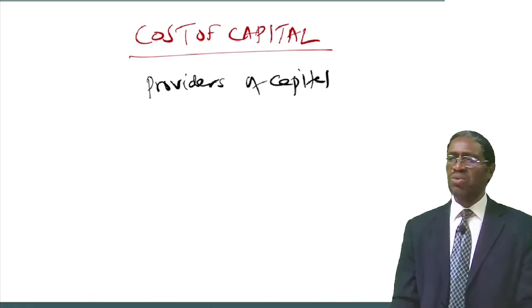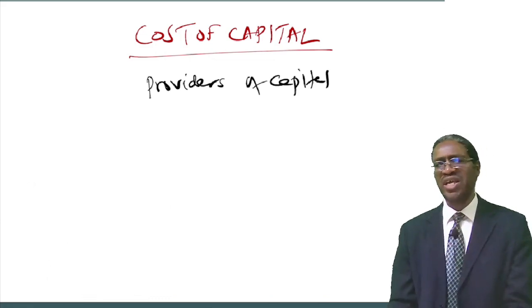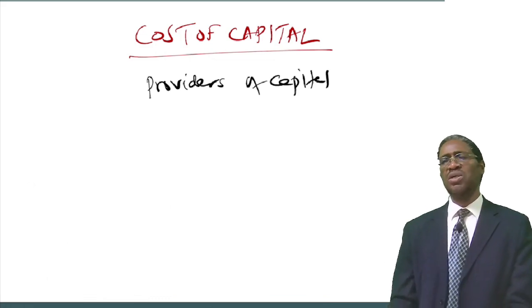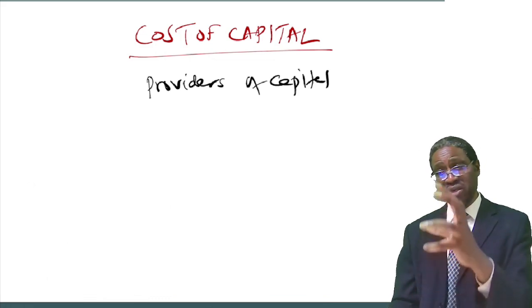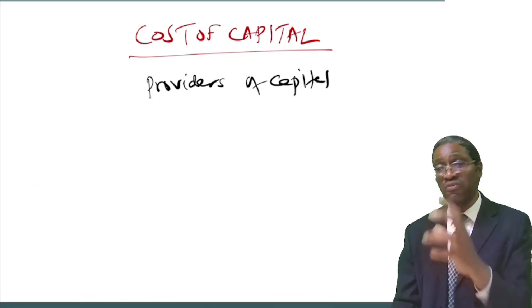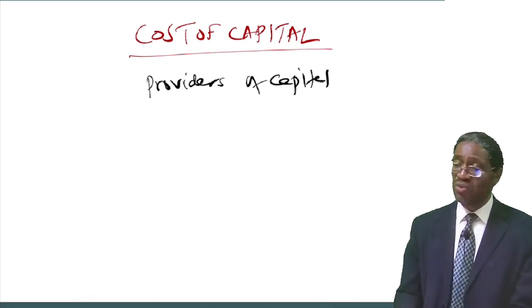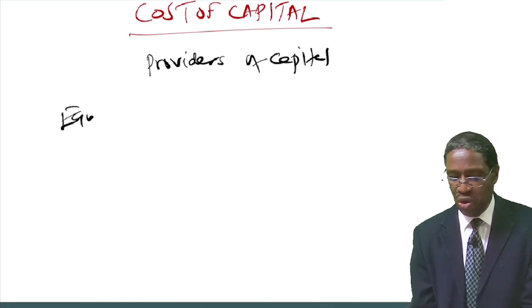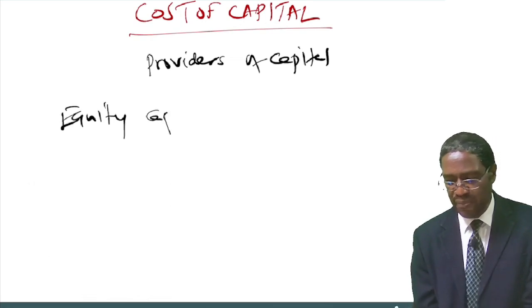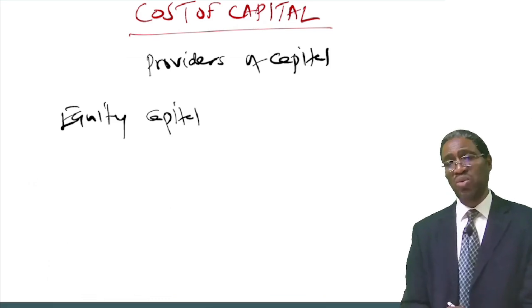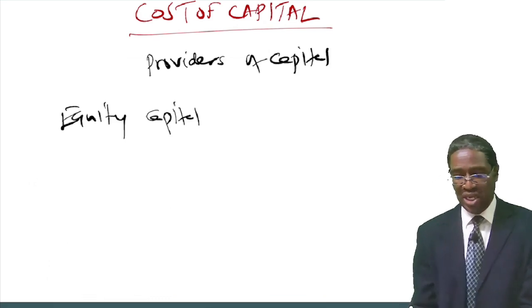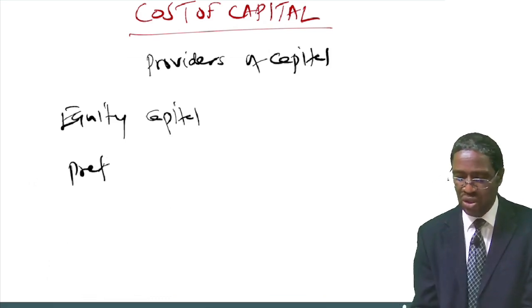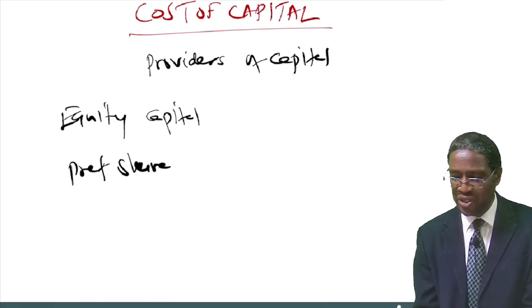Now, we also know that there are different sources of capital that you as a company may use to raise your capital. One, you can raise capital through what we call equity capital. The other way is to raise capital by issuing what we call preference shares.